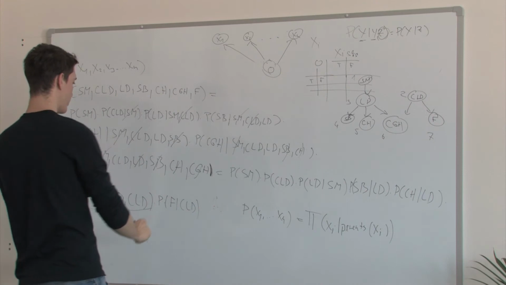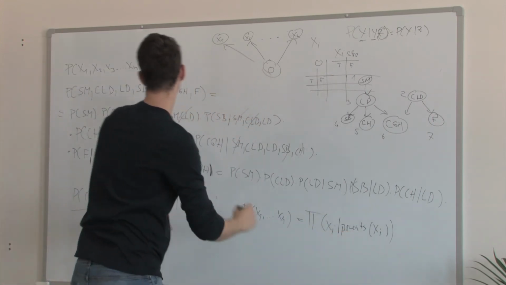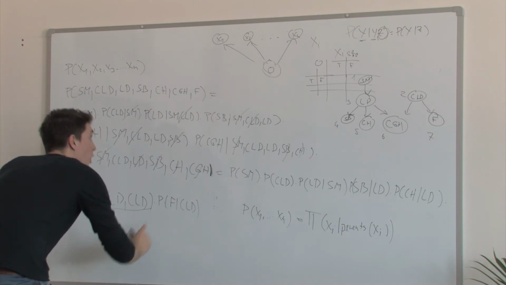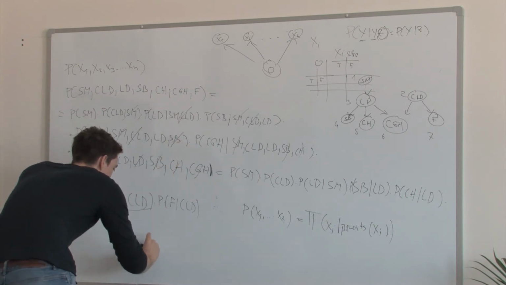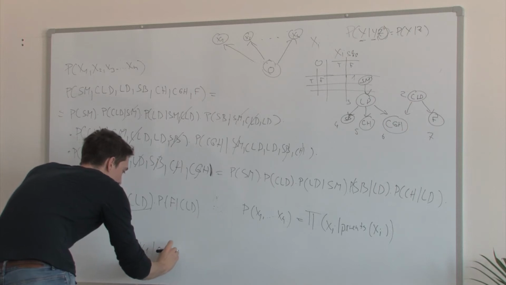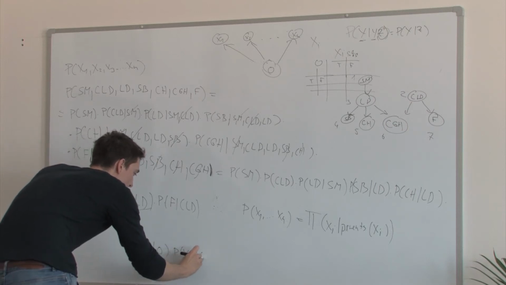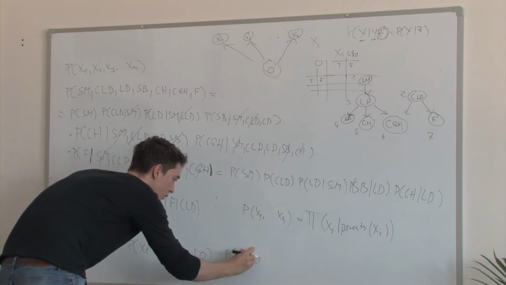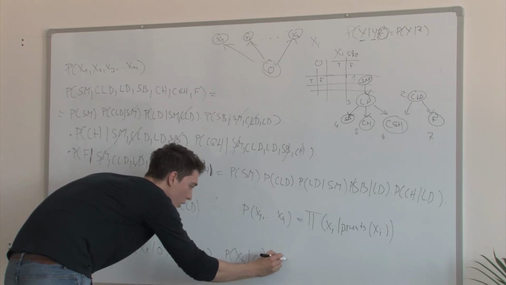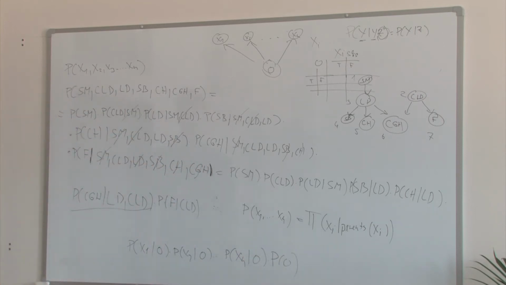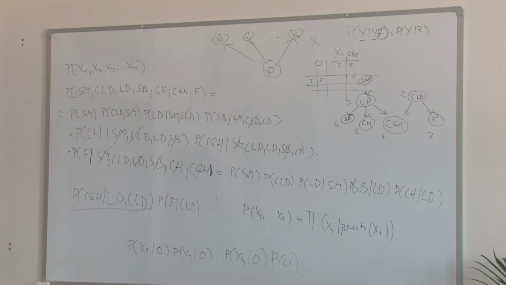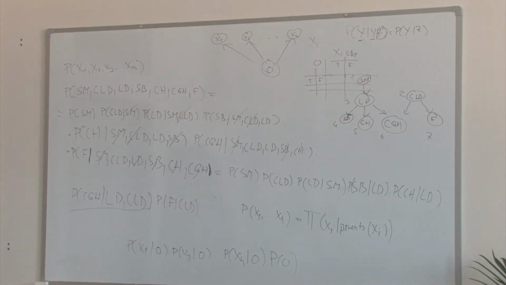And using this formula, the joint probability distribution for such a Bayesian network would be the probability of x1 given O times probability of x2 given O times probability of xn given O times probability of O, which is actually the formula for naive Bayes. So as you can see, naive Bayes is just one discrete Bayesian network.